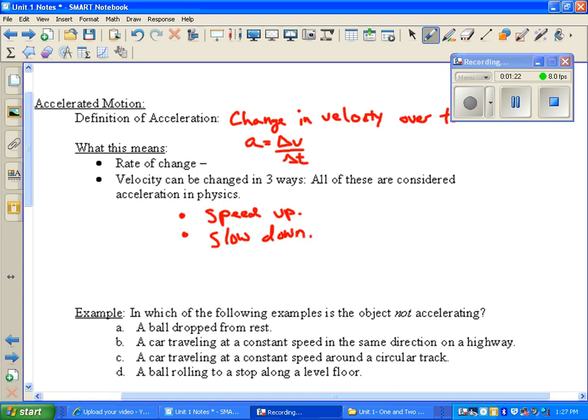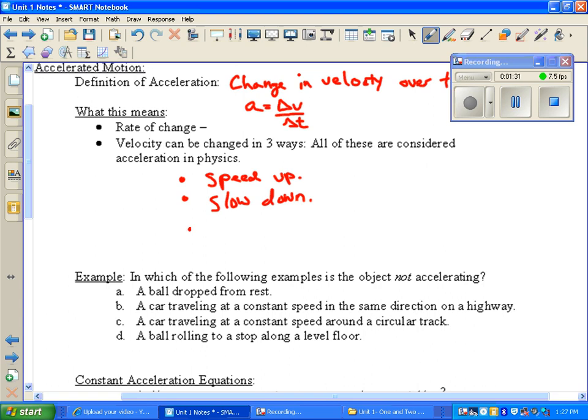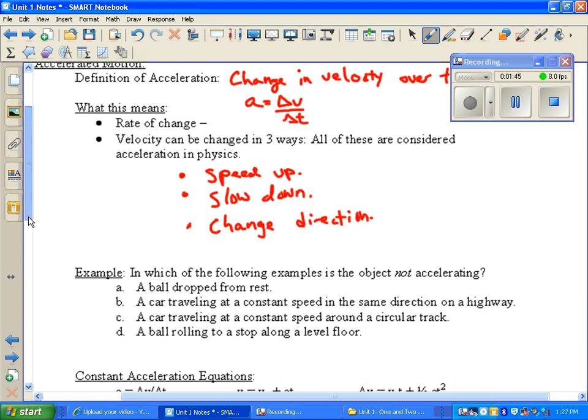In the English language, we say deceleration. But in physics, we say it has an acceleration that's causing it to slow down. And the third one is not one we think of, but if we change direction, that's also going to be a change in velocity. Because velocity is a vector, so a change in direction is going to change the velocity. So any one of those will cause an acceleration.